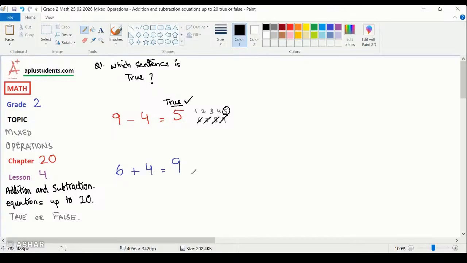6 plus 4. We have 1, 2, 3, 4, 5, and 6. We add 4 more numbers to it. That means the 4 more numbers would be 7, 8, 9, and 10.